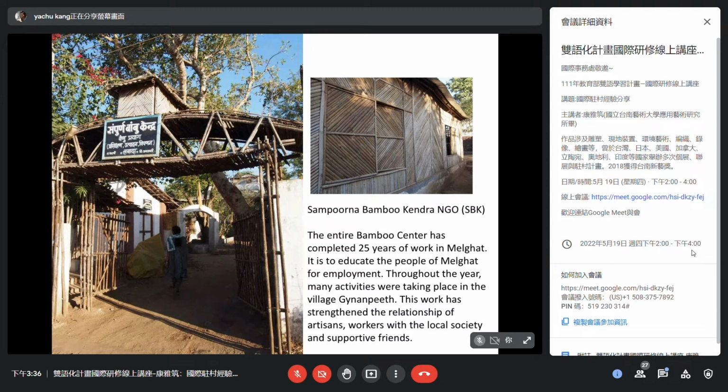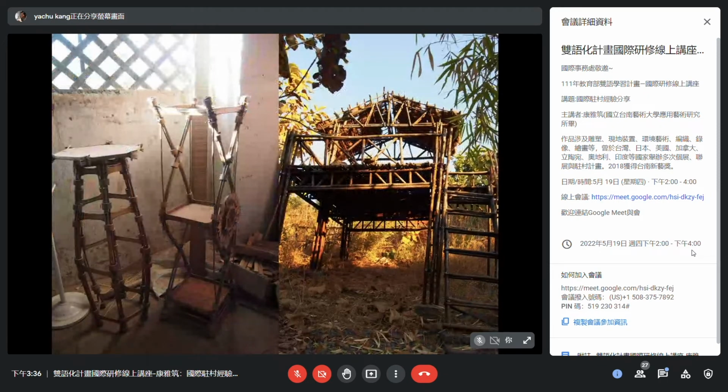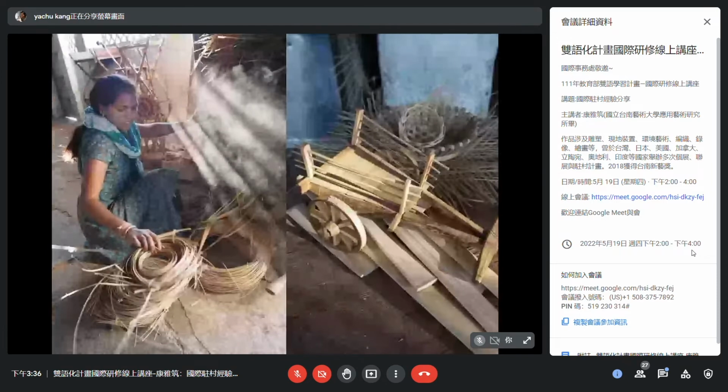You can see the architecture, they use a lot of bamboo, and they also grow bamboo in their yard and use bamboo to create crafts, anything. And this is the material that they already deal with from the bamboo.